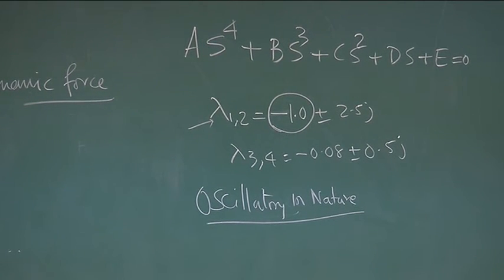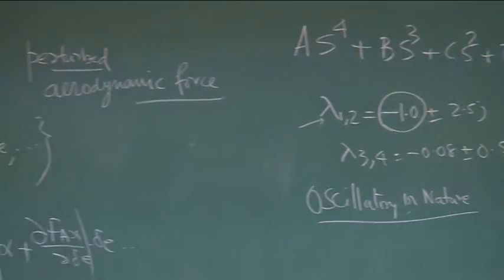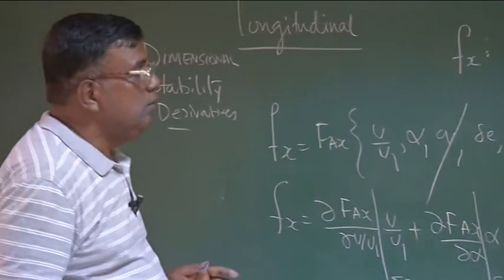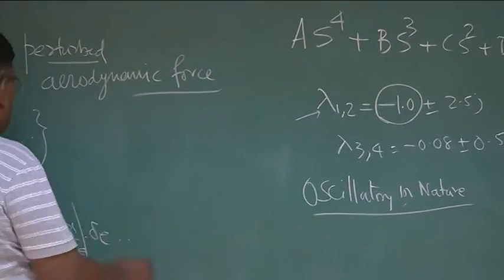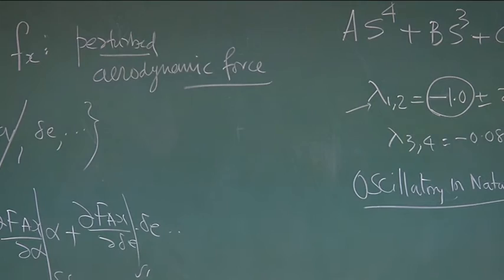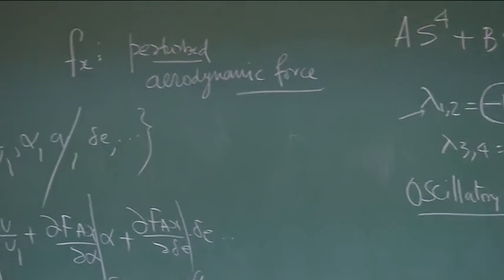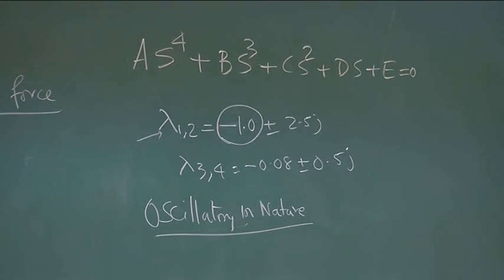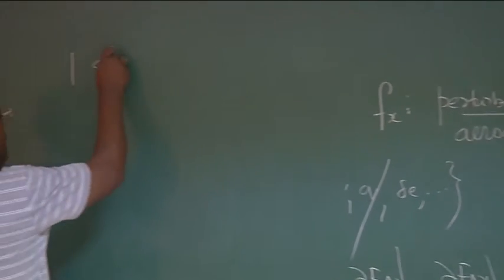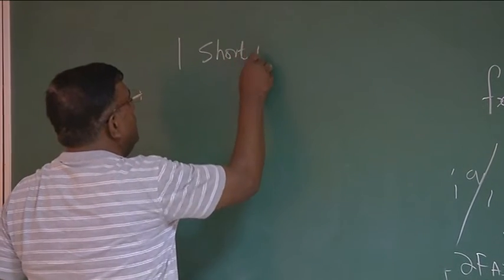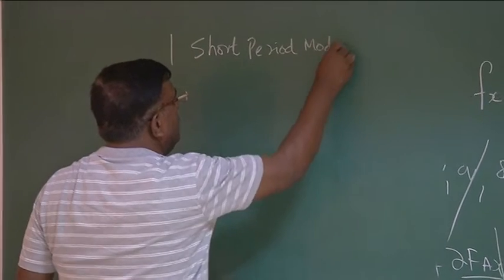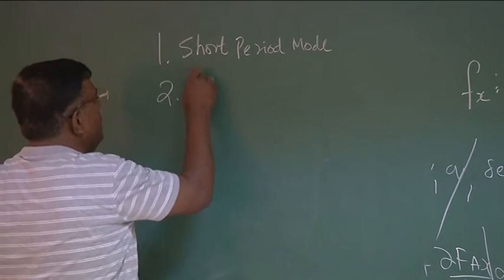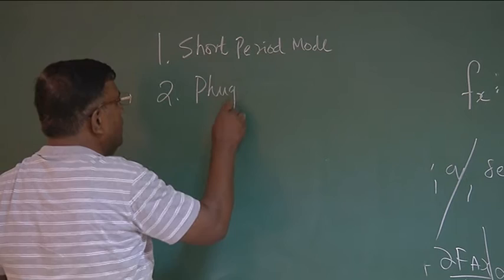If that is true, then if I try to give physics to the actual airplane, we have seen that typically when airplanes are disturbed longitudinally, two distinct types of modes are generated. One is called short period mode, another is called phugoid mode.